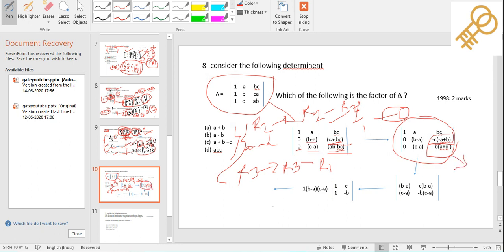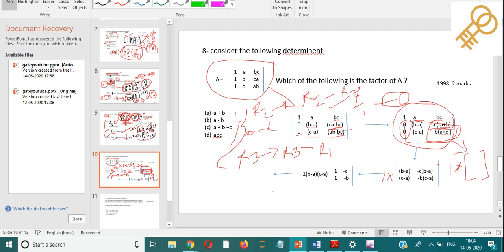Now we'll solve this determinant, so you'll be getting 1 into this 4-element part, because the other 2 elements, if you multiply anyhow, you'll be getting 0, so they do not affect the final answer. So you'll be getting the 2 cross 2 matrix multiplied with 1, so that is what I have written here, 1 into this.